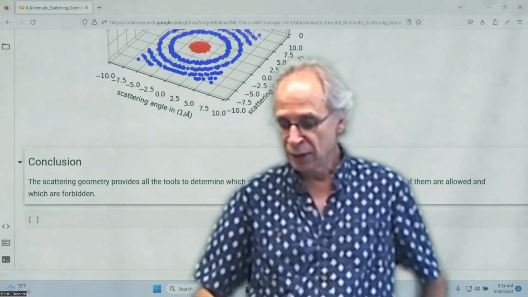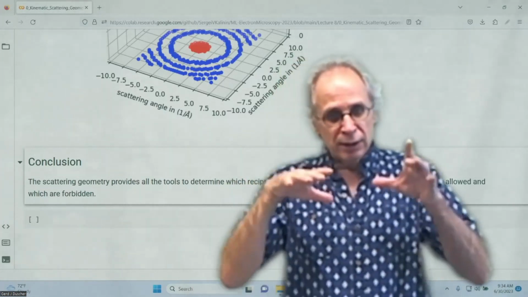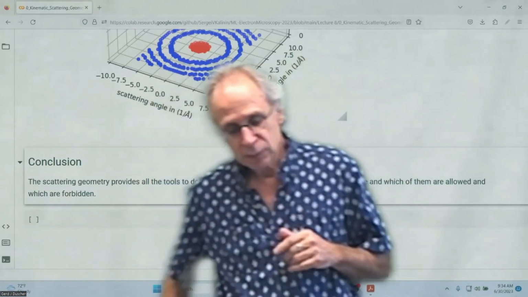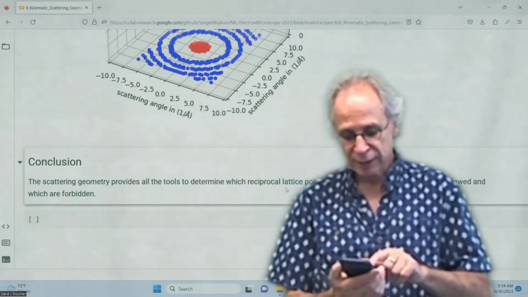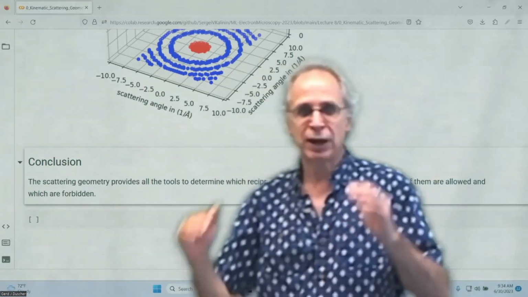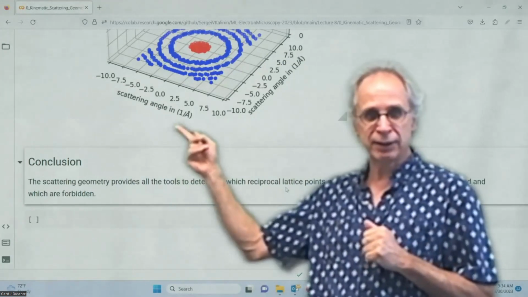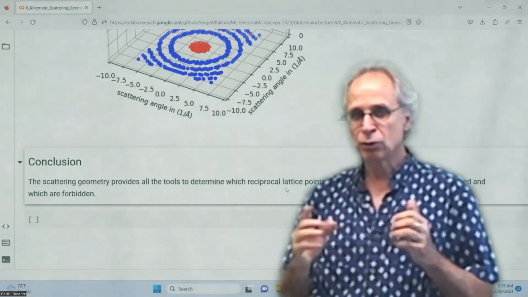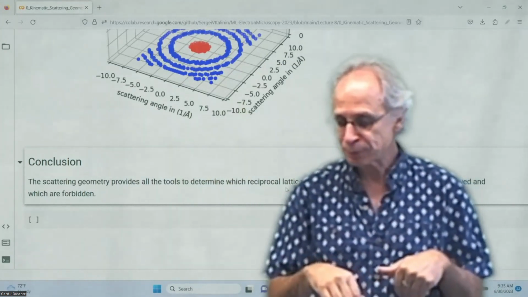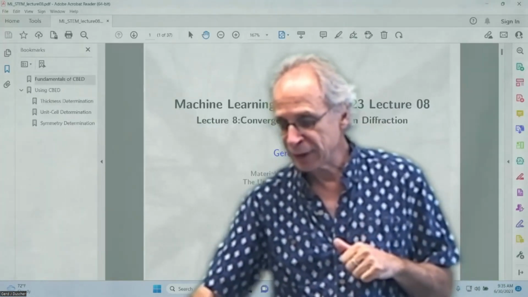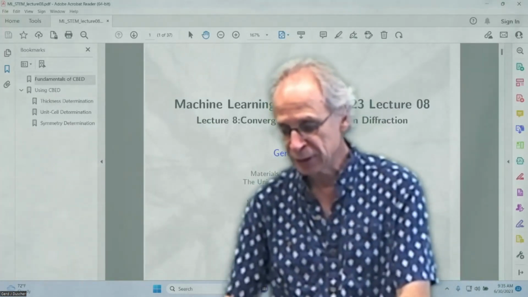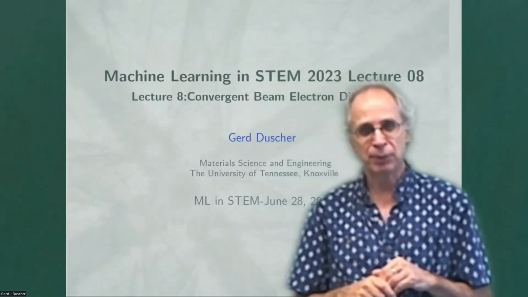Okay, so in STEM, now we want to go from our parallel illumination that I assumed here to a convergent beam one. And that's what I wanted to do here in the PDF.